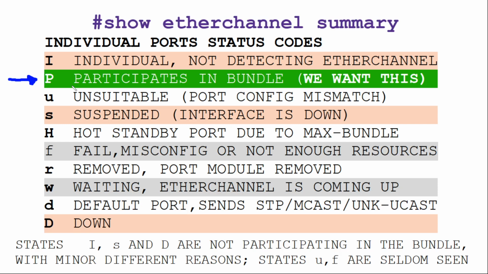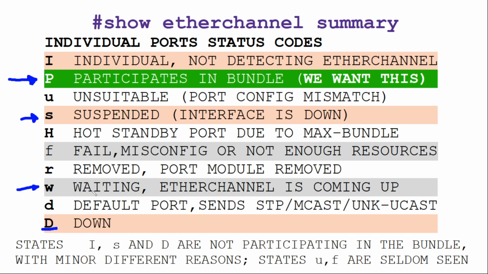If this interface is, for instance, in administrative down mode, it will show as D. If the other side is not sending frames, it will be s. It is negotiating, or waiting for the negotiation to conclude.